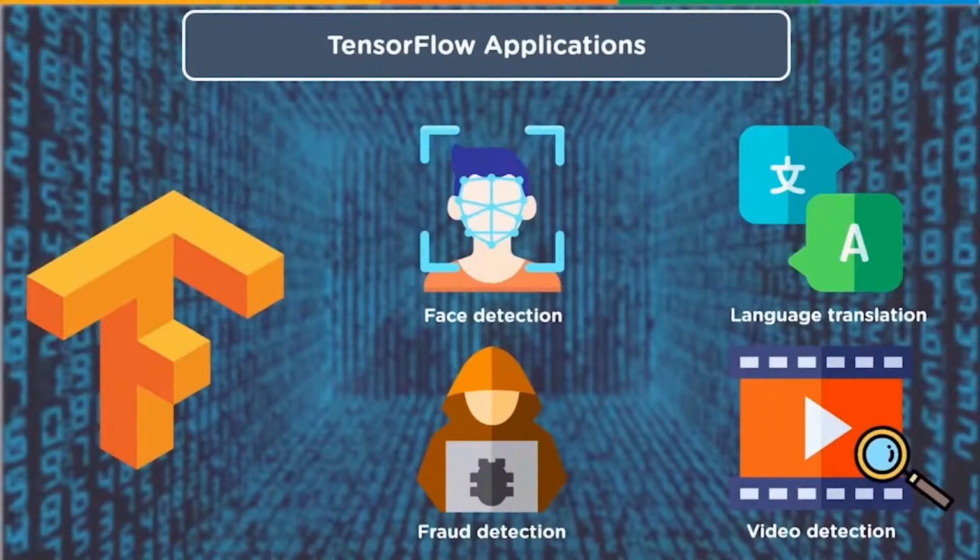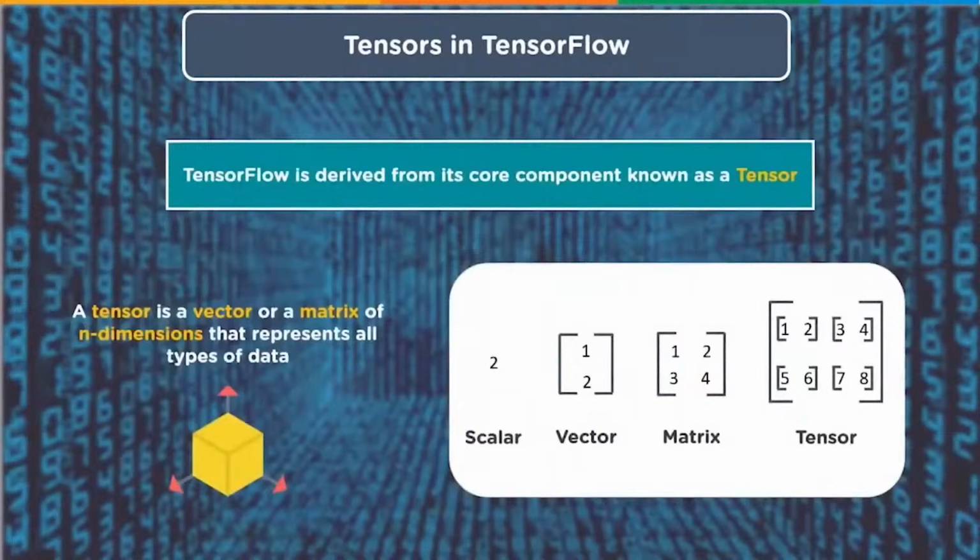And if we're going to talk about TensorFlow, we should talk about what tensors are. After all, that is what this is named after. So when we talk about tensors in TensorFlow, TensorFlow is derived from its core component known as a tensor. A tensor is a vector or a matrix of n dimensions that represent all types of data. And you can see here we have the scalar, which is just a single number.